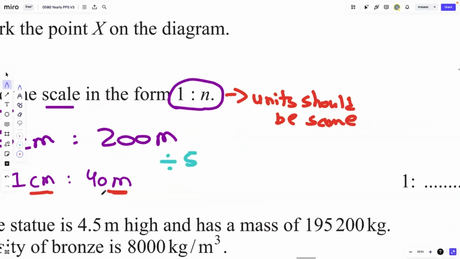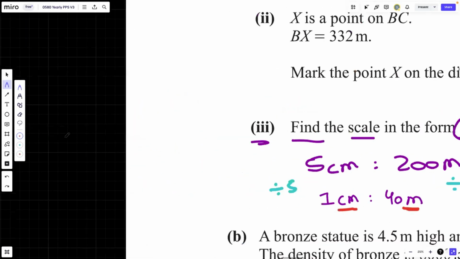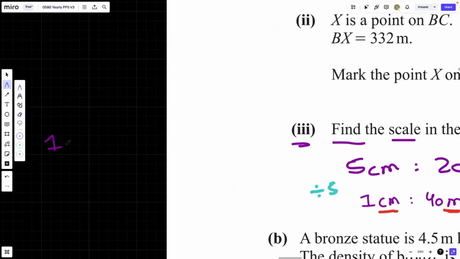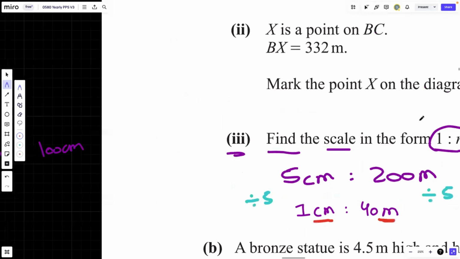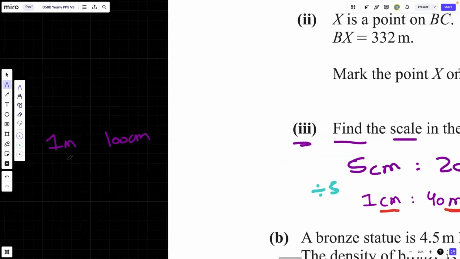How do you convert 40 meters in terms of centimeters? For that, we'll just do the working here. We already know that 1 meter has 100 centimeters. This is not on the scale, this is generally how the measurement works. 1 meter is 100 centimeters. So how much would 40 meters be? That's x, and then you can always cross multiply.